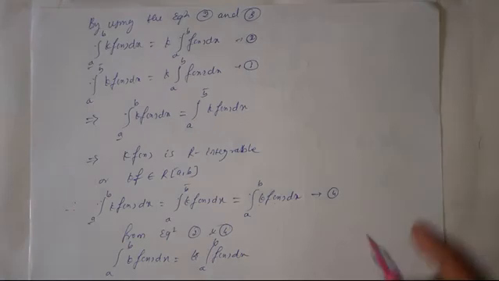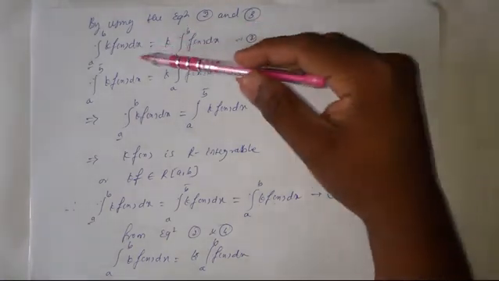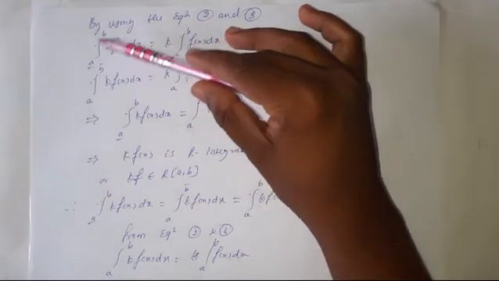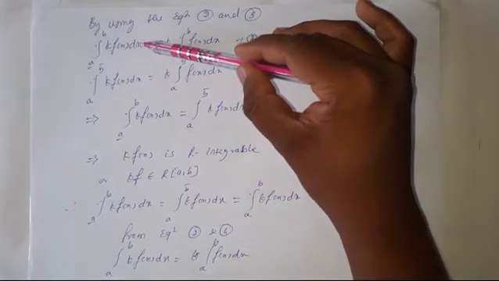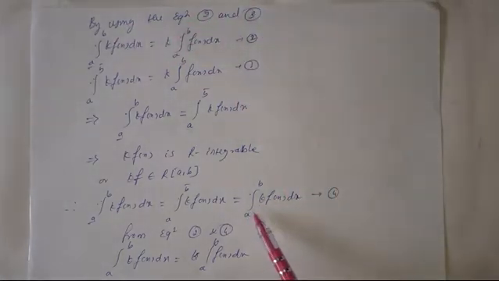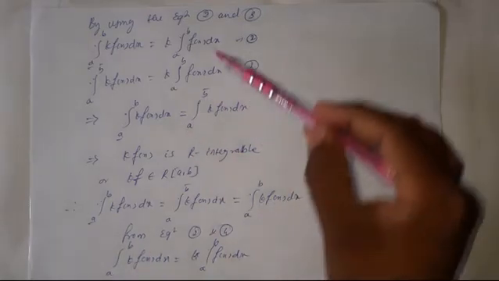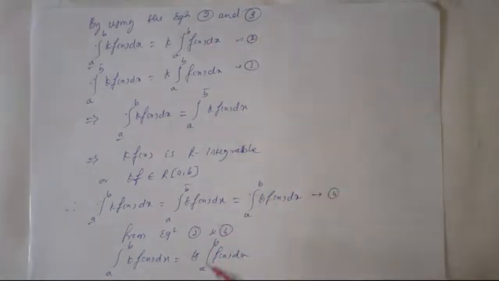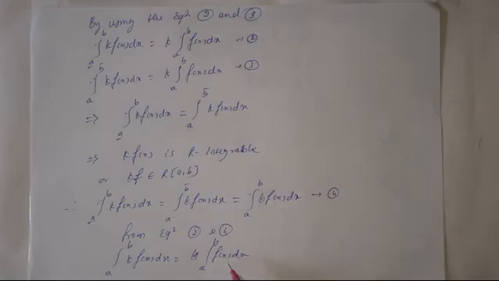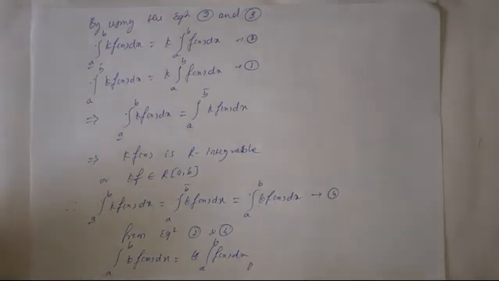So here in equation 2, the LHS bar a to b k into f of x dx can be replaced by integration over a to b k into f of x dx, that we have replaced here, and this RHS will be the same, that is k into integration over a to b f of x dx. So this is the required result. Now it is the proof of the theorem for the second case, means for the positive values of k.